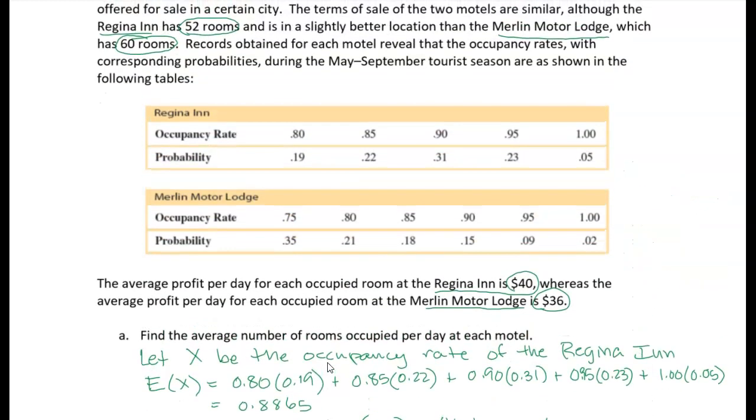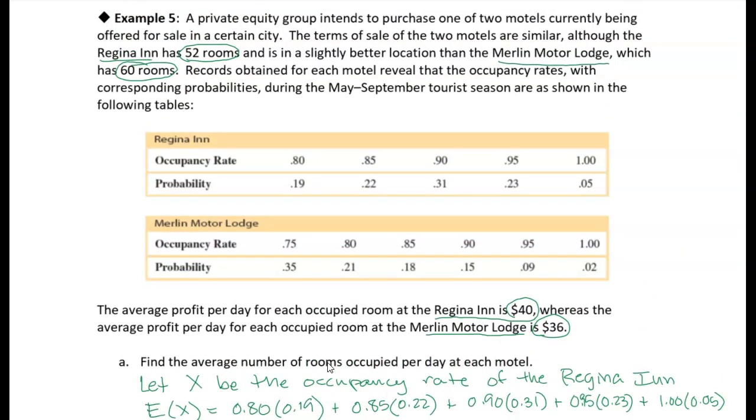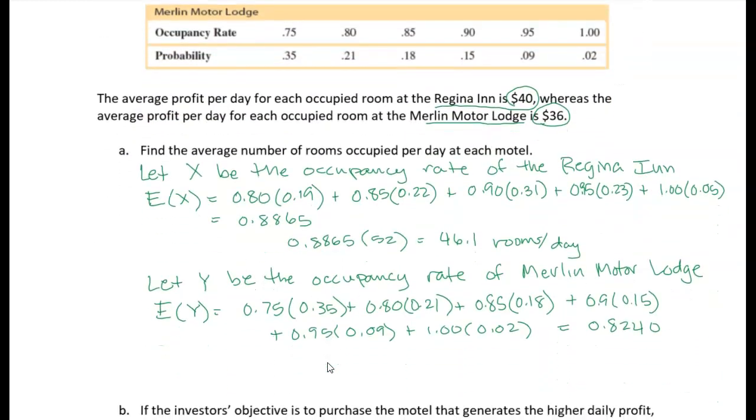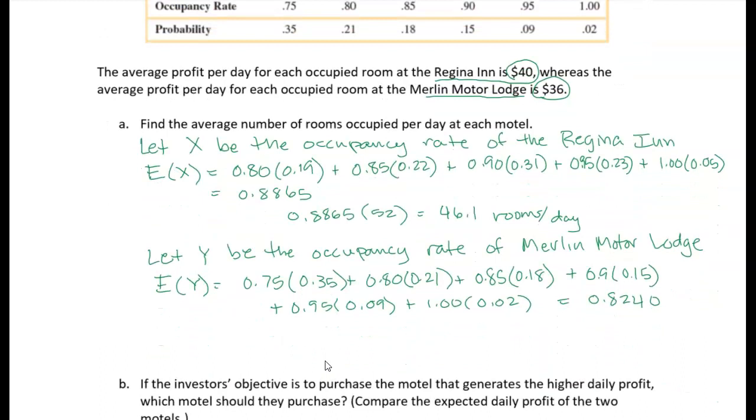If you go back up to the problem statement, you can see the Merlin Motor Lodge has 60 rooms. And on average, 82.4% of the rooms are occupied. So if we take 0.8240 times the 60 rooms, then we have 49.4 rooms on average, rooms per day. So that answers that part of the question.